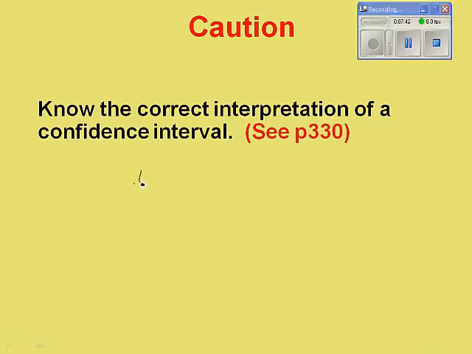They say 0.677 less than p less than 0.723. So they're saying we are 95% confident that P actually lives somewhere in that interval, the true population proportion. Okay, that's what they're saying.